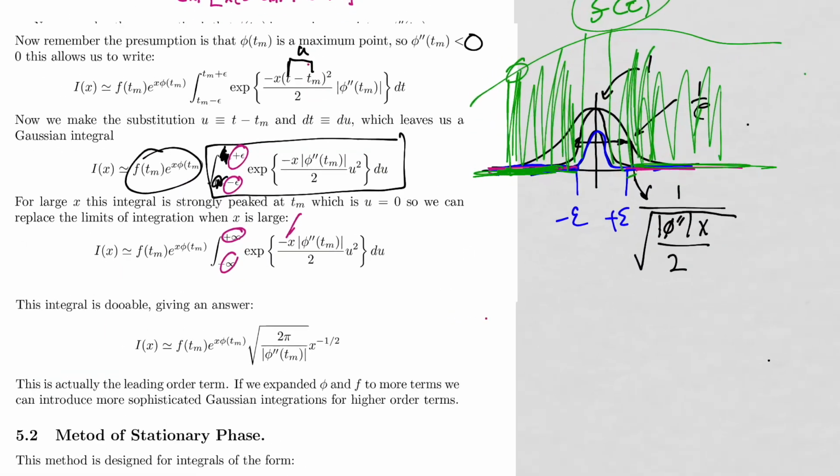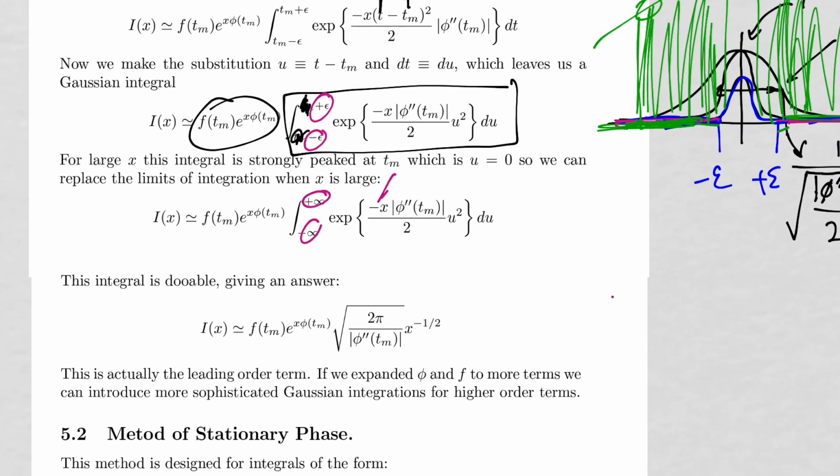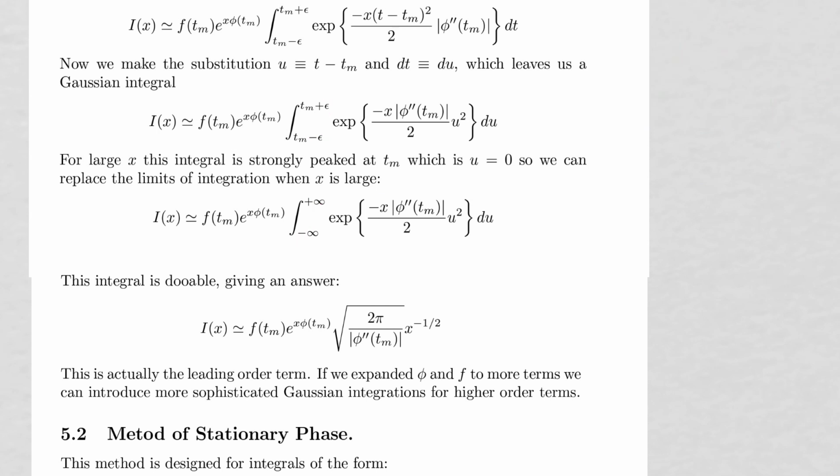So I now create this integration. I remember this is just plus epsilon and minus epsilon; once you're in u, you don't have to have these limits there. But now I have this full integration on the whole real line of a Gaussian.